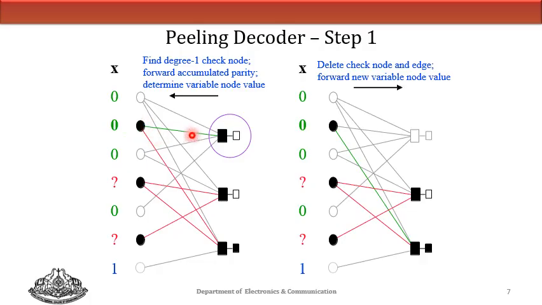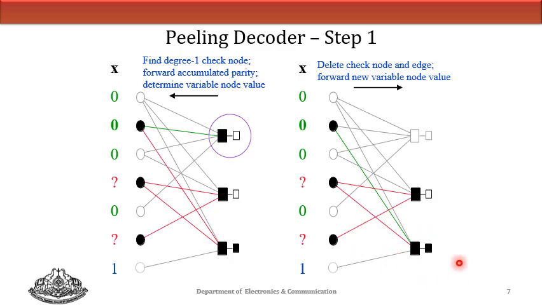So you can remove this connection from this check node as well. Now let's delete that check node and edge, and forward the new variable node value. We have deleted this, that is why it's black. Now we can look at the other check nodes.